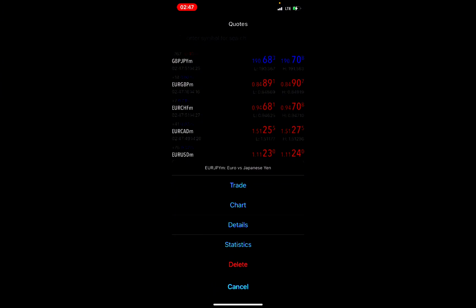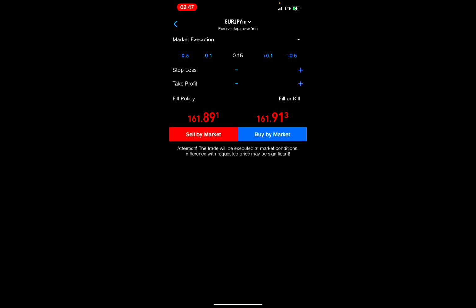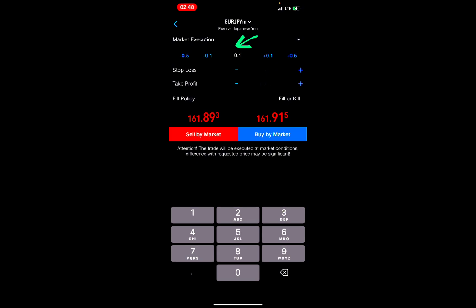So we just go to EURJPY, then to trade. Where we have the 0.15, we change it to 0.16, because the lot size we are supposed to enter is 0.16 for us to risk the $50 we have in our trading account.